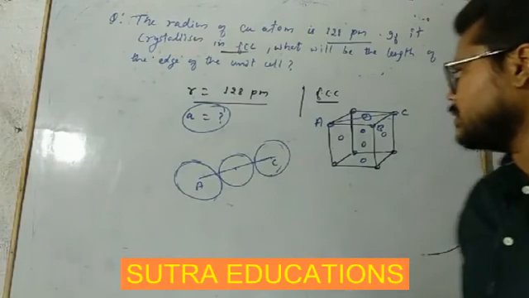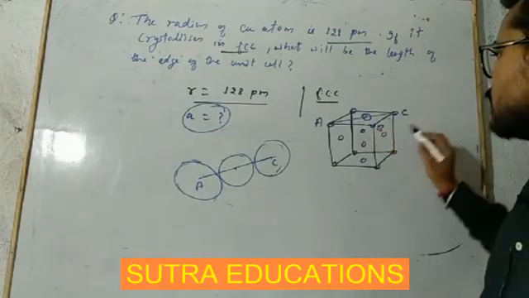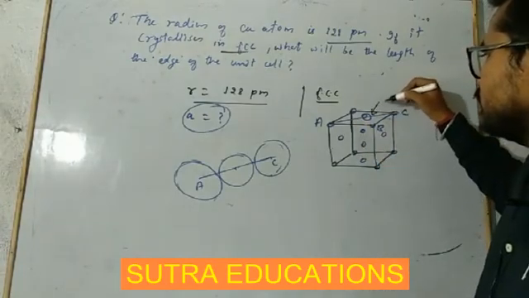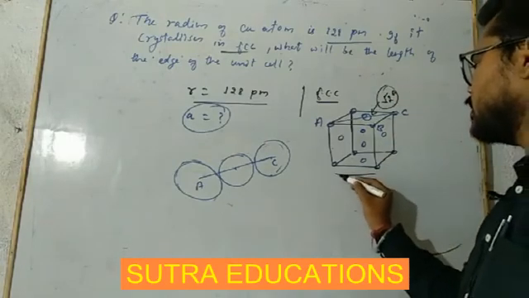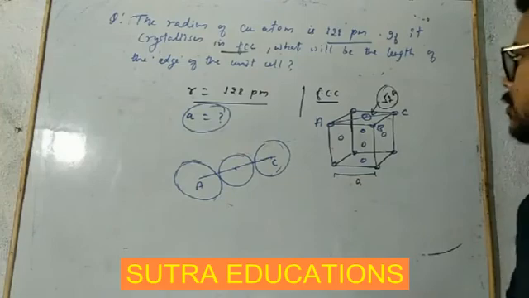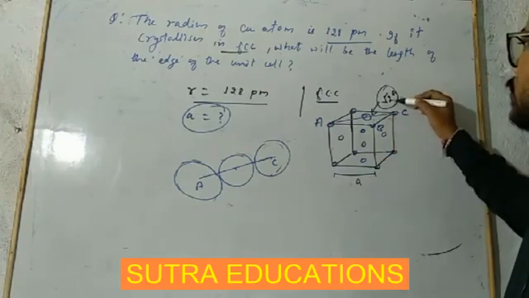This is AC. We have calculated that AC will be equal to root 2 A, if we suppose the edge length to be equal to A. So this will be equal to root 2 A.